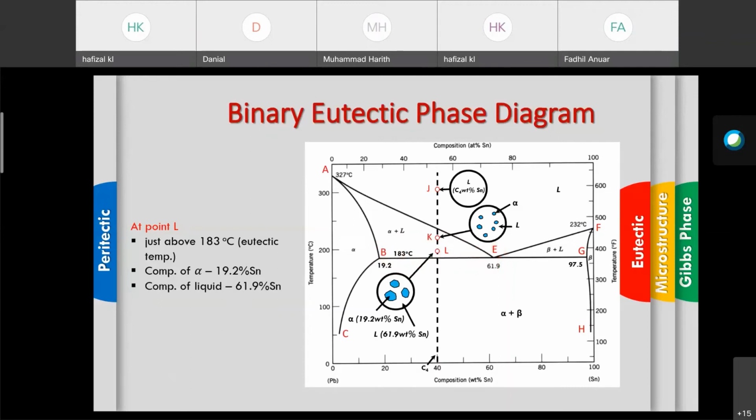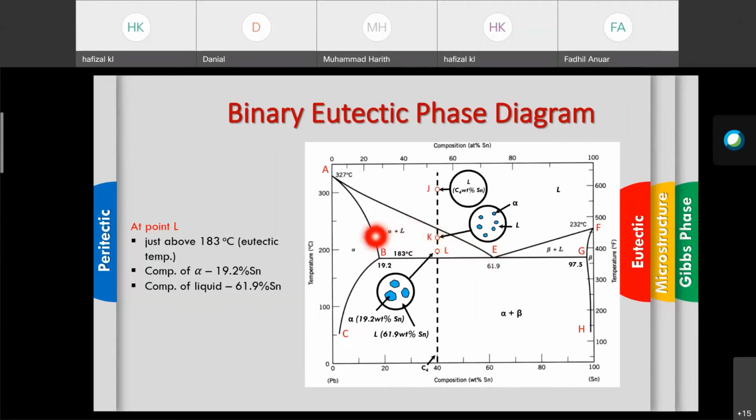So at point L, we need to use lever rules to get the value of point B and E in terms of composition, if required for us to get the value. At point K also we can get the composition. We need to make a tie line here.